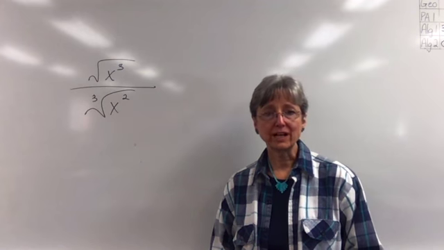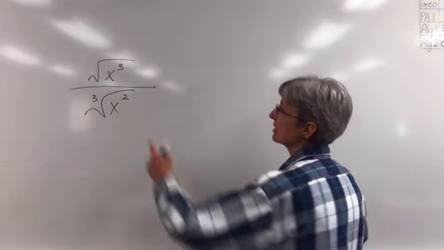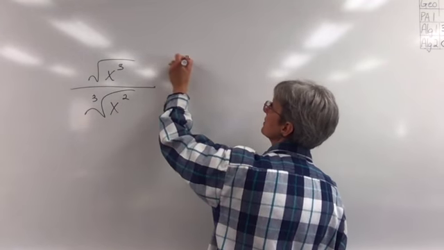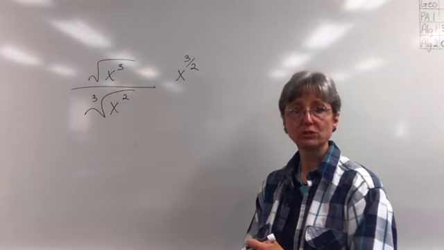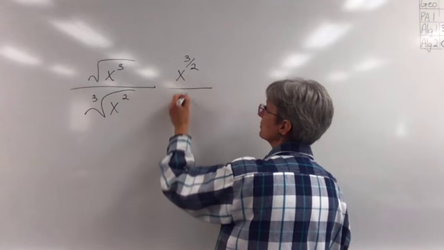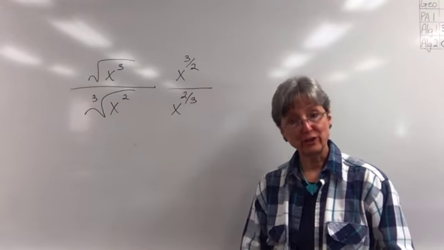Okay, let's simplify this one by changing it to exponential. This 3 is the power, 2 is the root. So this is x to the power of 3 over 2. This one, 2 is the power, 3 is the root. So this is x to the power of 2/3.